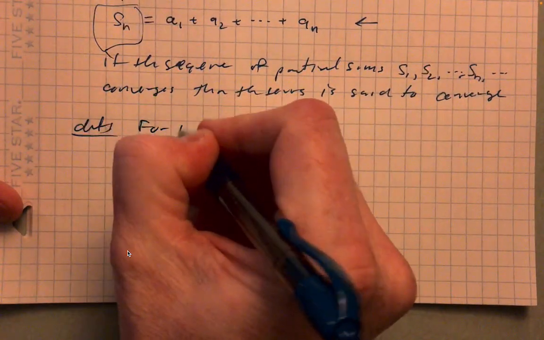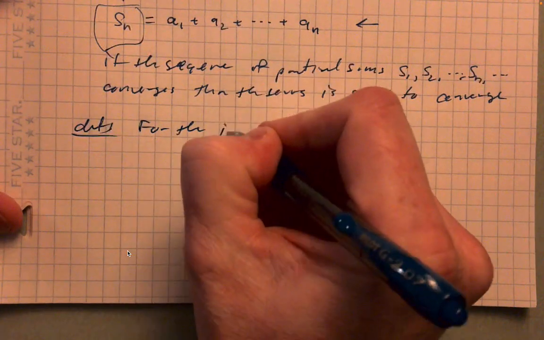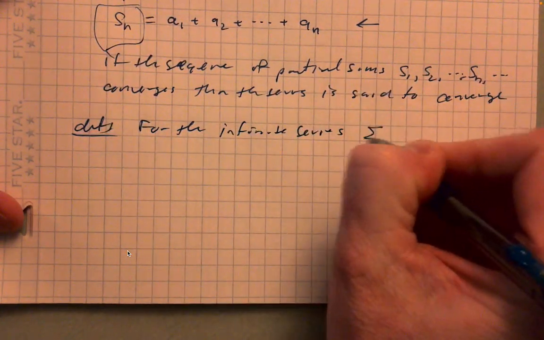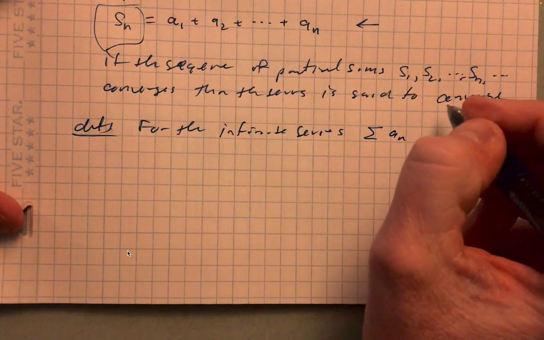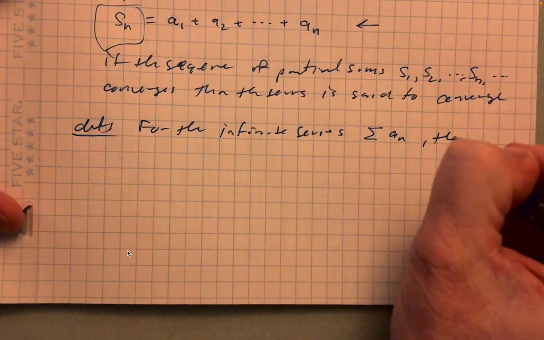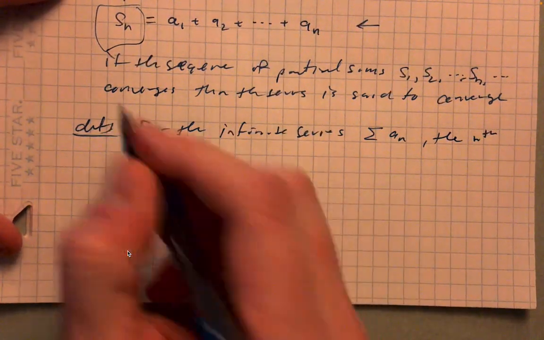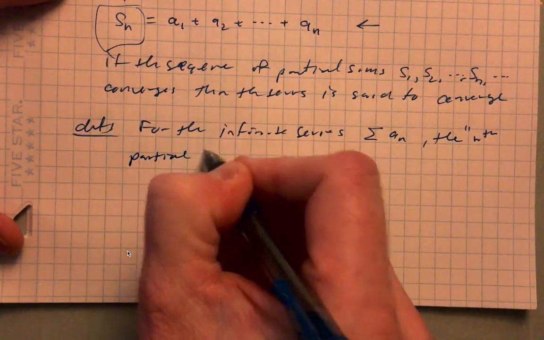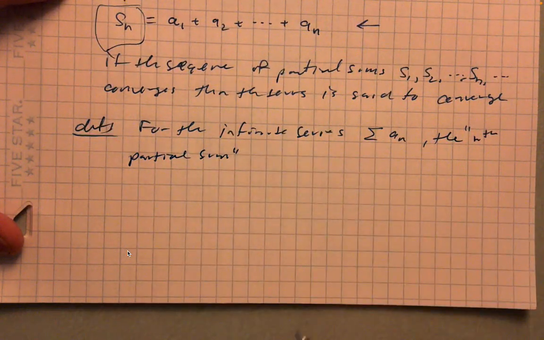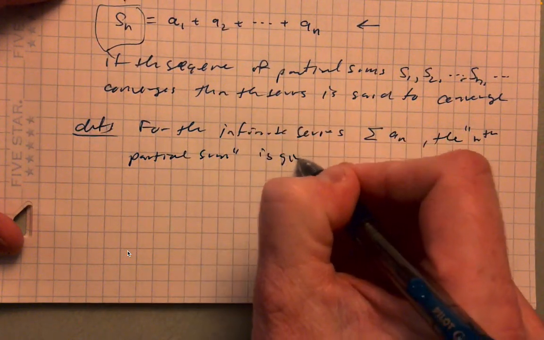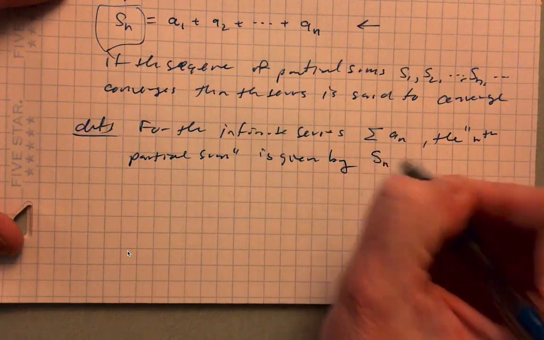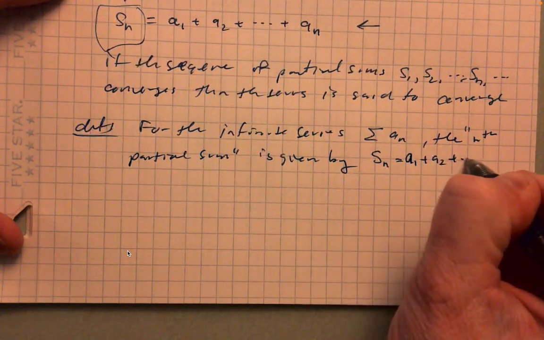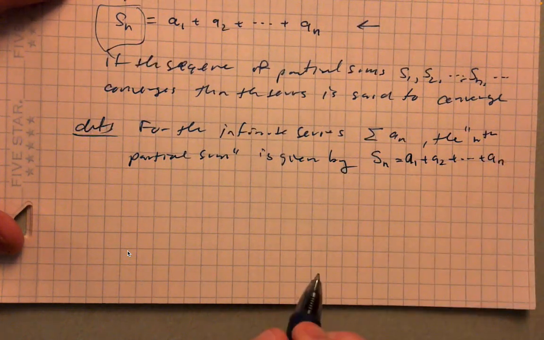So for the infinite series, sum of A of n, the nth partial sum, that's what we're defining, is given by S of n equals A1 plus A2 plus dot dot dot plus A of n.